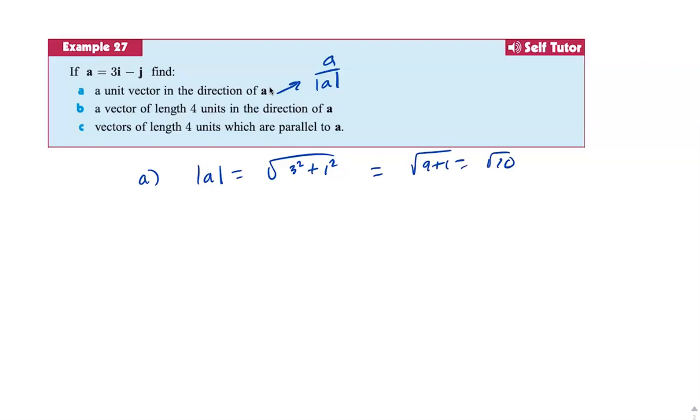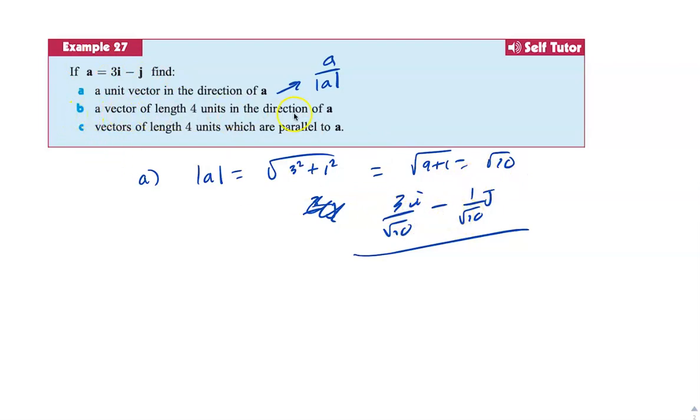So a unit vector in the direction of a would just be 3i over rad 10 minus 1j over rad 10. That's a unit vector in the direction of a, right? Because my vector a has a value of rad 10, so if I want a unit vector, just divide by the magnitude, rad 10.